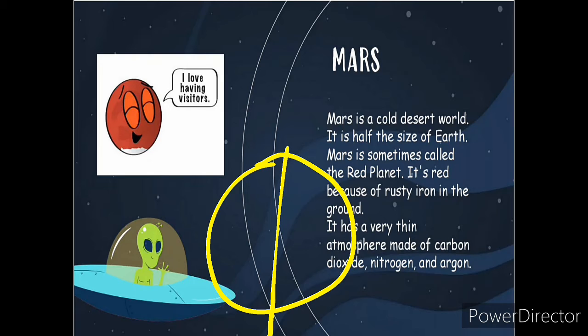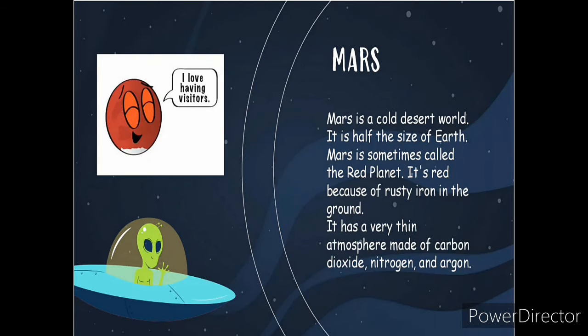It is the red planet because it has rusty iron in its ground. Okay, it has a very, very thin atmosphere made of carbon dioxide, nitrogen and argon.